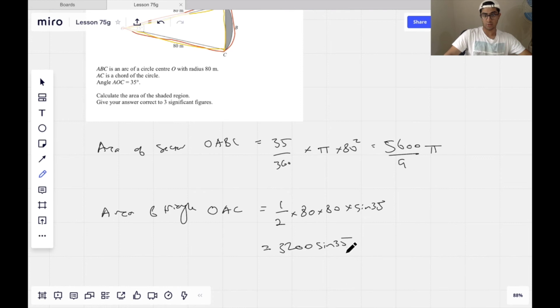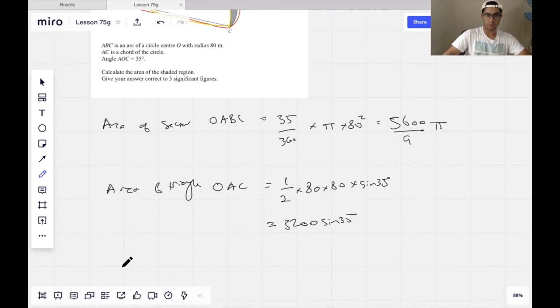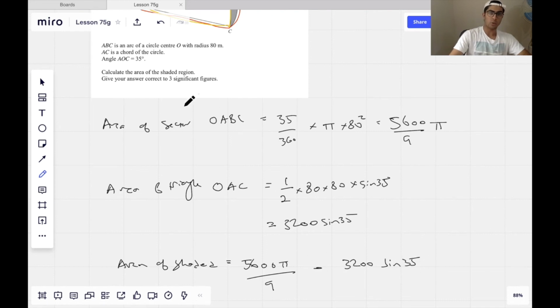And now we have to look at the area we want. So the area of the shaded region is equal to this big area minus that smaller area, so 5,600 by 9 pi minus 3,200 sine 35. We shouldn't expect a nice answer because it says to 3 significant figures anyway.